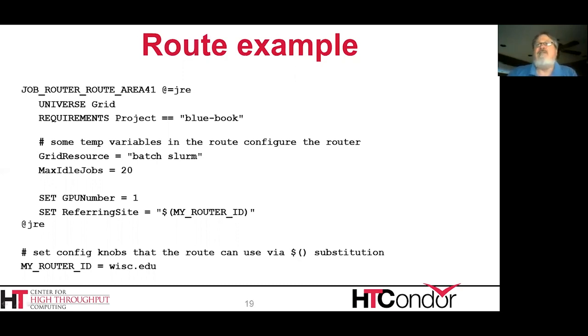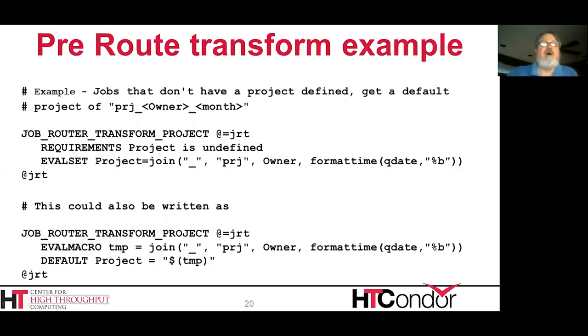This is distinct from the old transform language where the route steps were applied in groups by the type of operation, but randomly ordered otherwise. So because we're doing this in sequence now, we can guarantee, for instance, that the eval macro step in this bottom thing happens before the assignment to project.